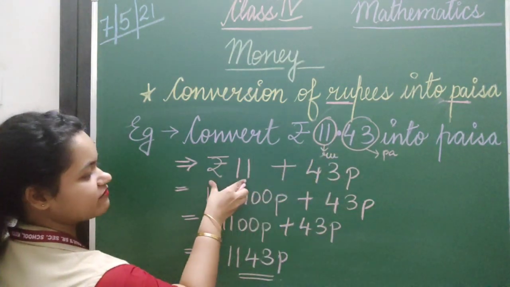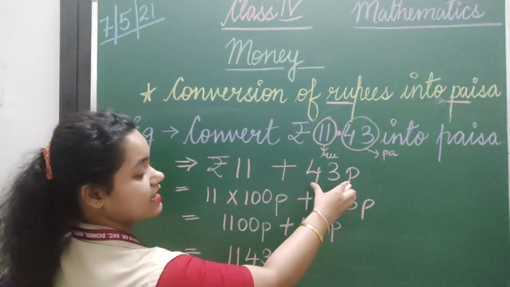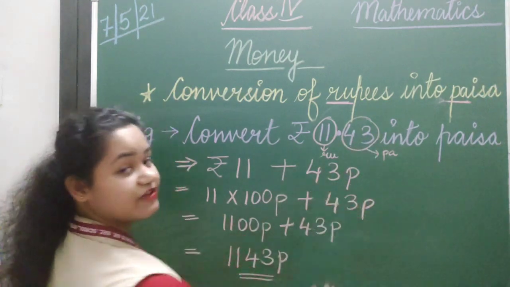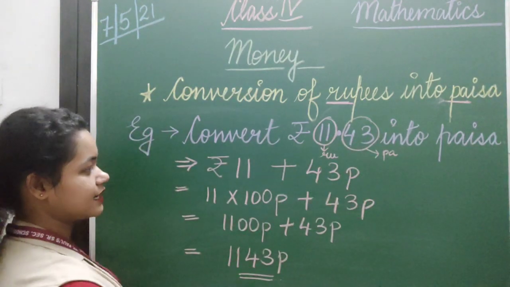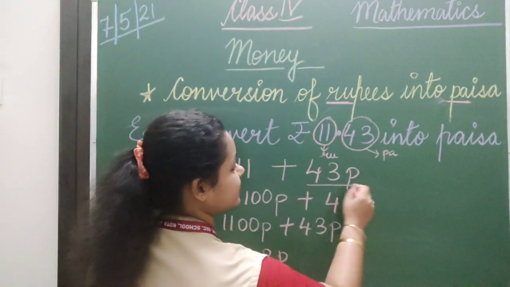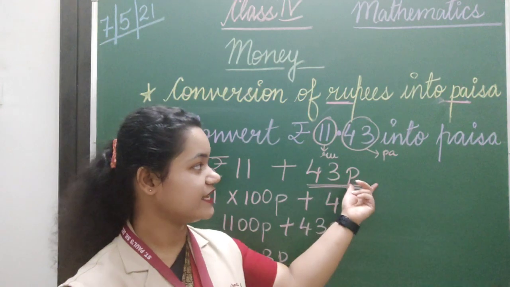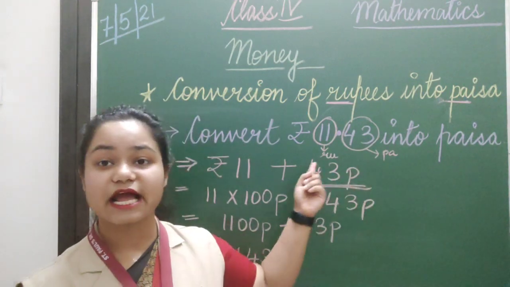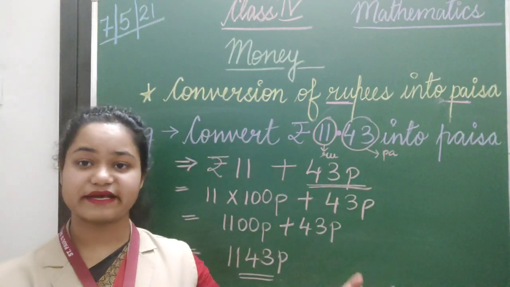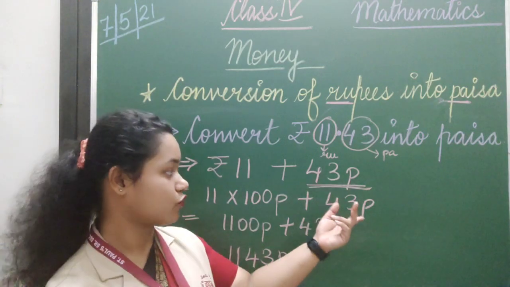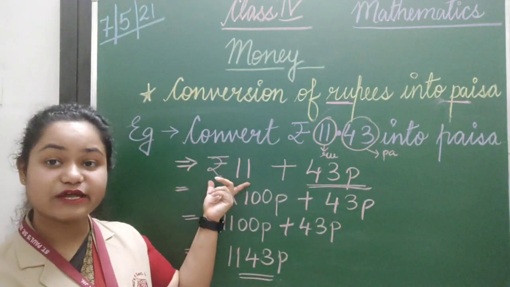So rupees we have written separately plus paisa, 43 paisa we have written separately. Now this is already in paisa. Yes or no? 43 is already in paisa. So we need not convert 43 paisa into paisa again. So we have to convert only rupees 11.